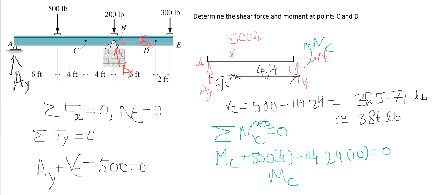Therefore, MC is equal to minus 857 pound feet.